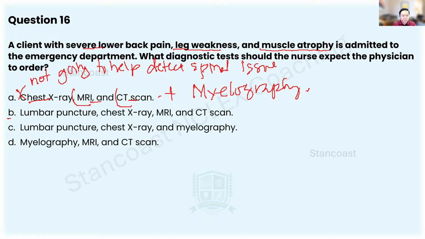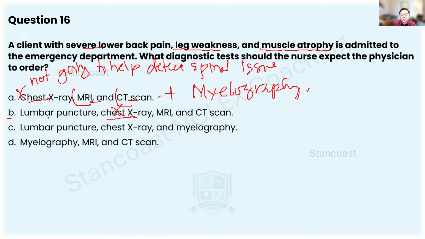What about letter B? Lumbar puncture, chest x-ray, MRI, and CT scan. Now, in letter B, there's also chest x-ray. It's going to make that option incorrect as well. Remember? That is incorrect. What else? The lumbar puncture is included in the mix. As we know, the lumbar puncture is only indicated if there is a need for us to assess the CSF, right?